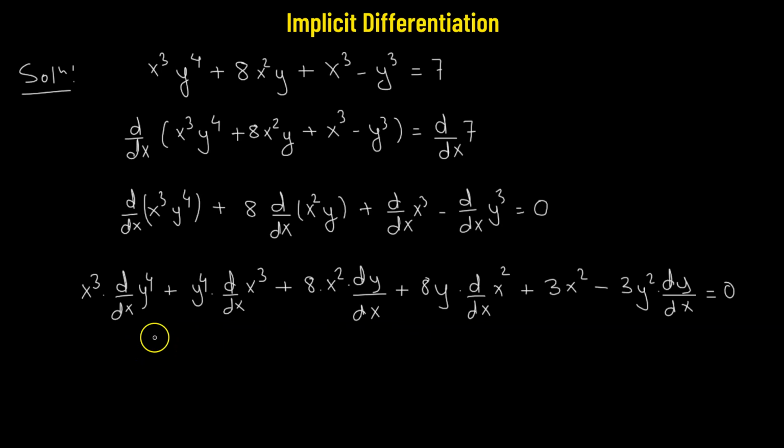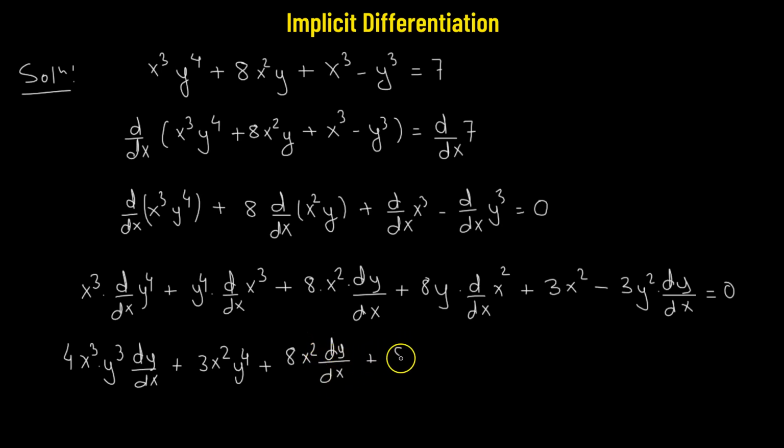And let's complete all the remaining differentials. So we have x cubed times y raised to the power of 4. So that would be 4y cubed times dy over dx. Plus differentiation of x cubed will be 3x squared y raised to the power of 4 plus 8x squared times dy over dx plus 8.